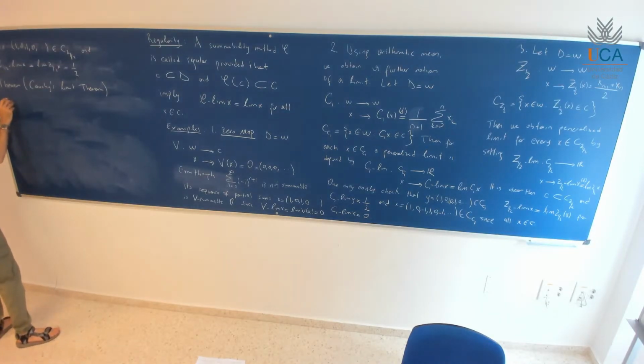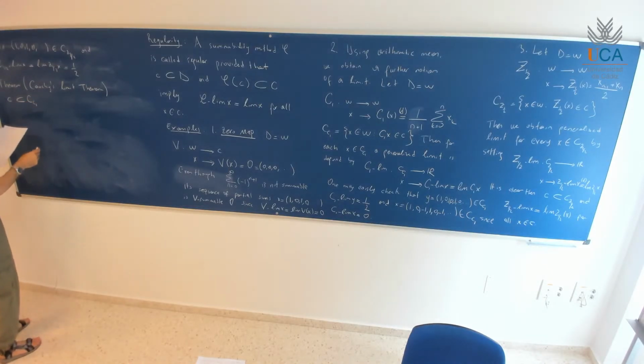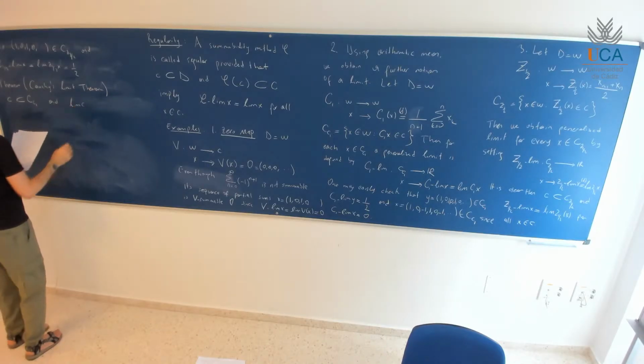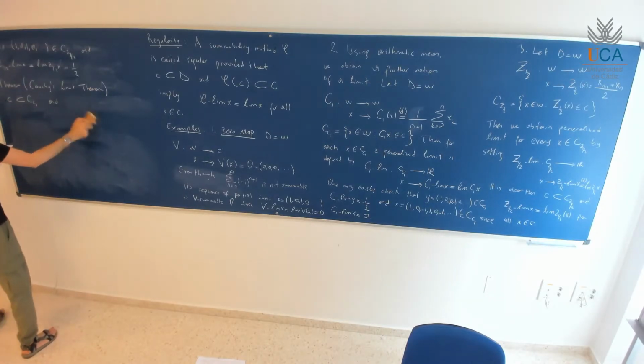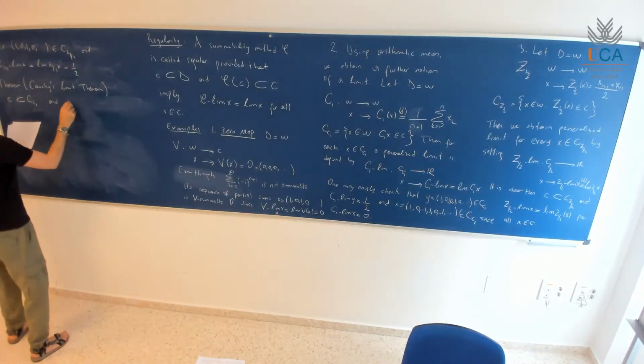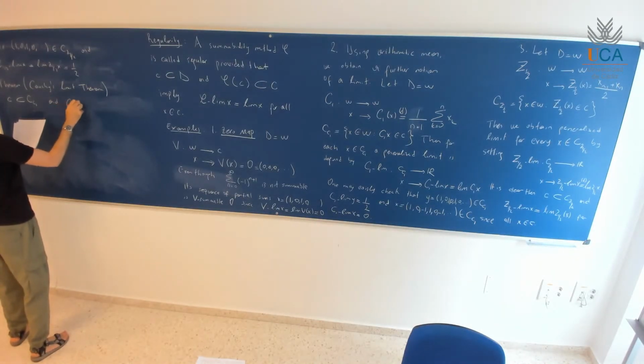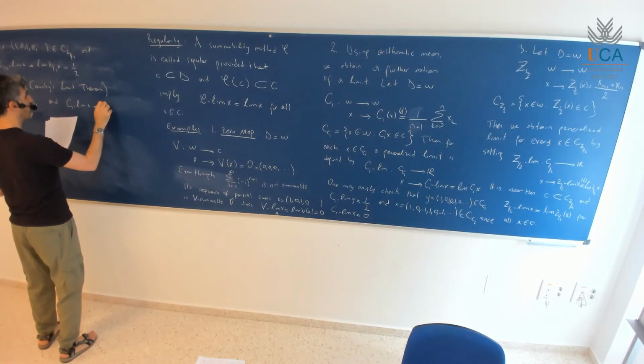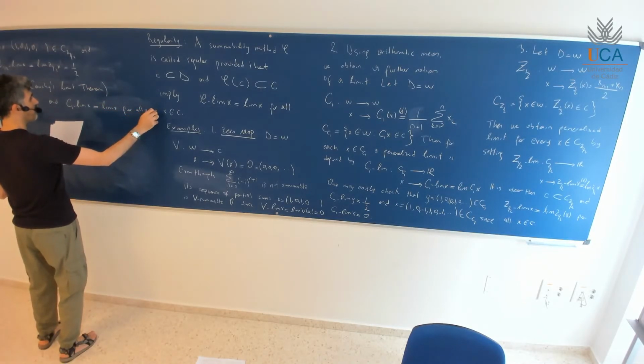This theorem says that C is included in C ∩ C1, and the C1-limit of x equals the limit of x for all x from C.